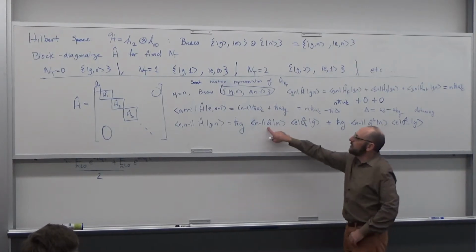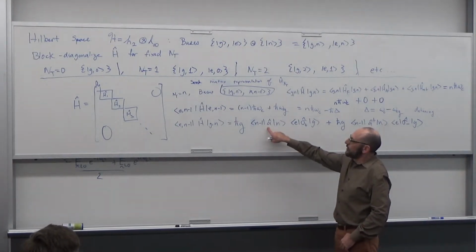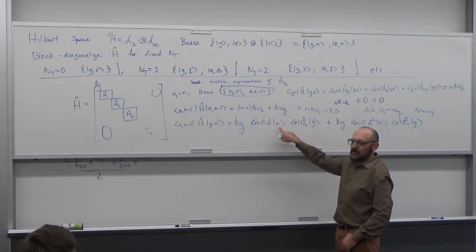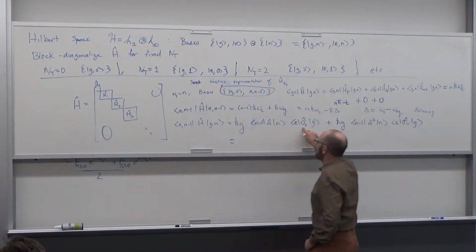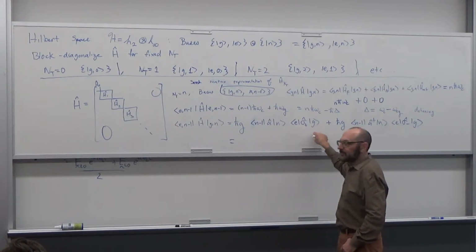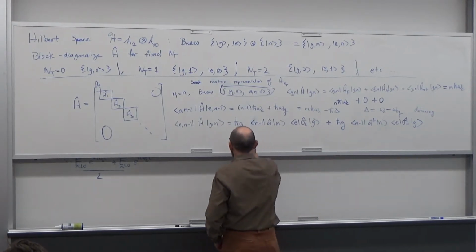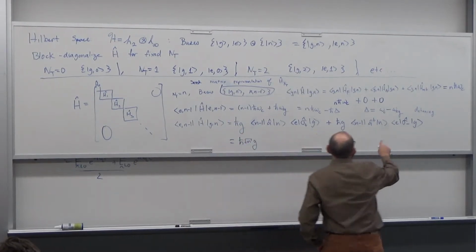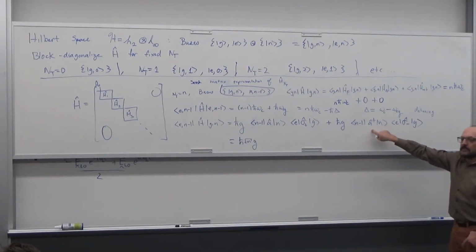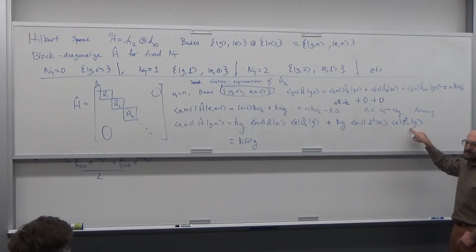What is this matrix element? Root n, because when I lower it, I get the root n. And this is 1, right? So this is equal to h bar root n times g. And what is this? Square root of n plus 1, but then I got this as 0, right?